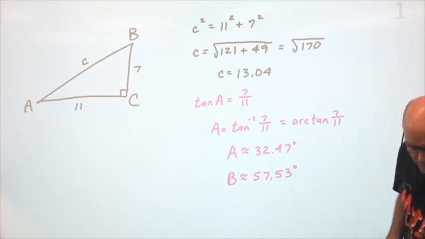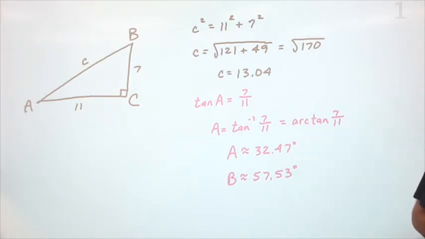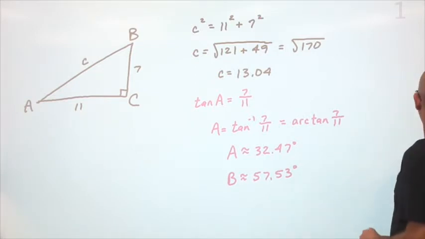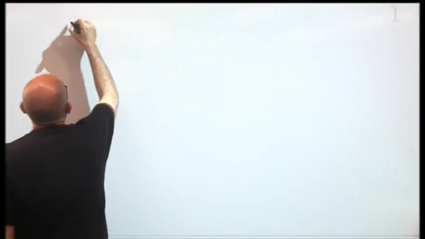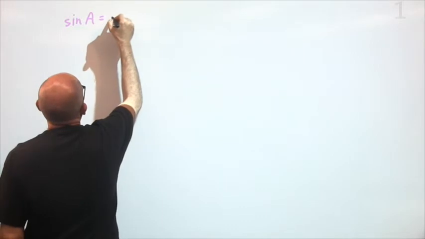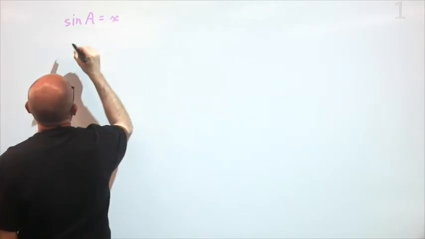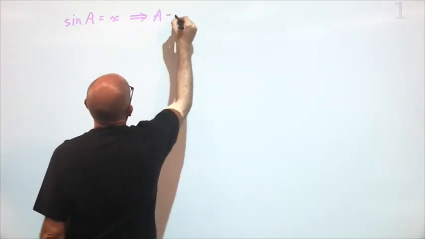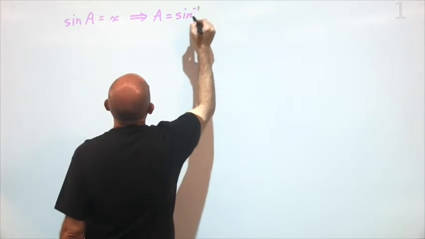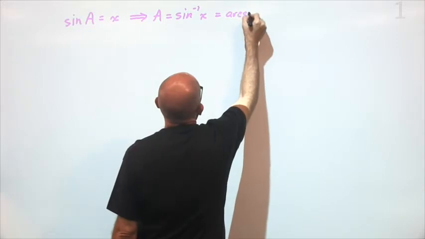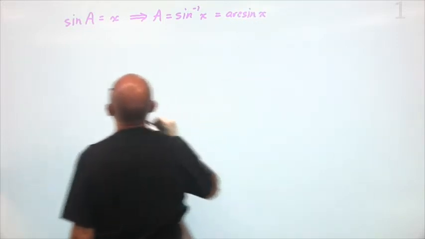All right, now, before we move on, I want to make sure that you really understand this inverse trig function. So let's take a look. If sine of some angle equals some value x, then that means the angle equals the inverse sine of x, which equals arcsine of x.